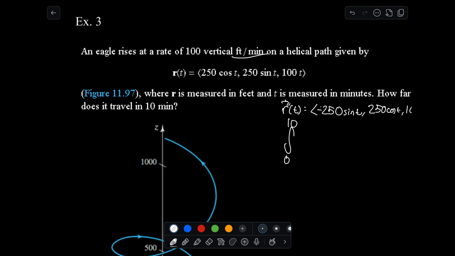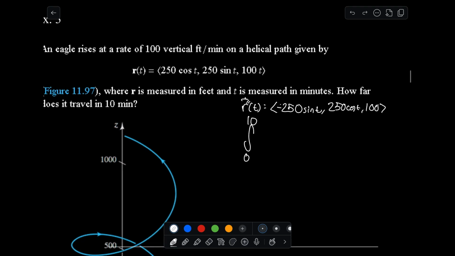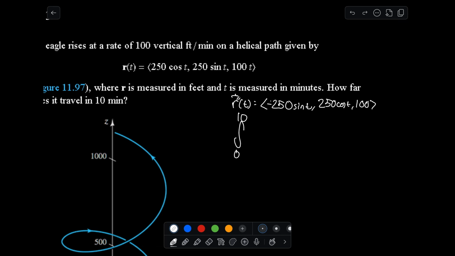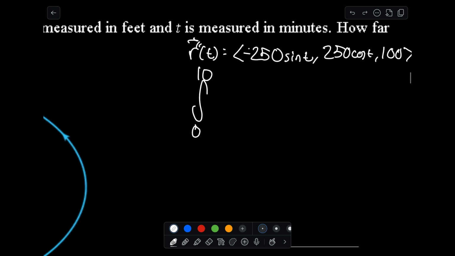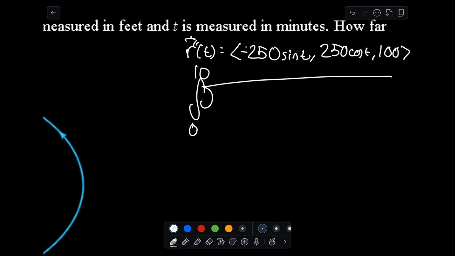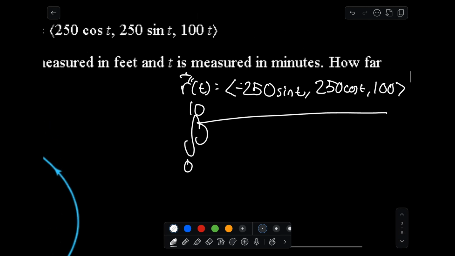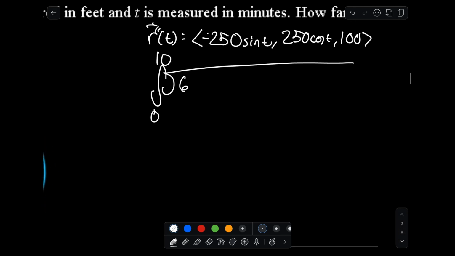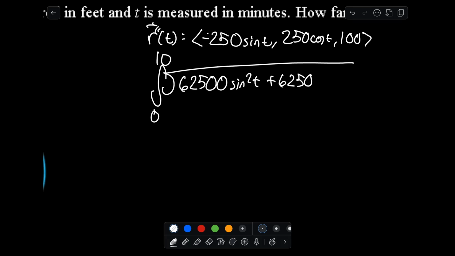Feet per minute. So at 10 minutes, it's going to reach 1,000 feet in the air. The eagle will. And now we do our plug and chug. Save some time with the math. It's going to be 62,500 sine squared t plus 62,500 cosine squared t plus 10,000.